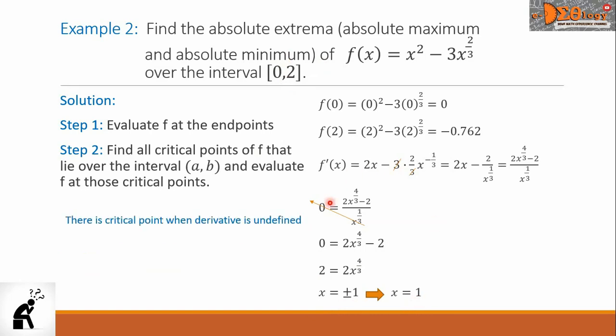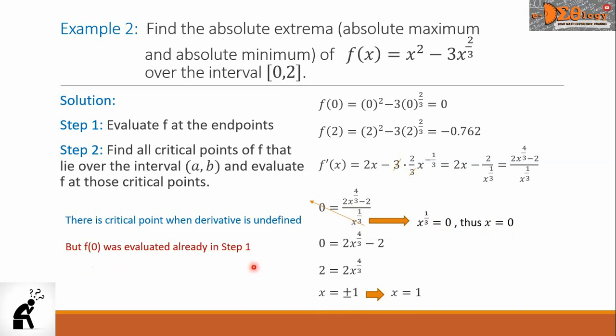Next, given that our derivative here is a fraction, there is a critical point when the derivative is undefined. It will happen if the denominator is equal to 0. So x raised to 1 over 3 equals 0, and let us solve for x, so we will have x equals 0. In here, we have another critical point. But we say that the f of 0 was evaluated already in step 1.